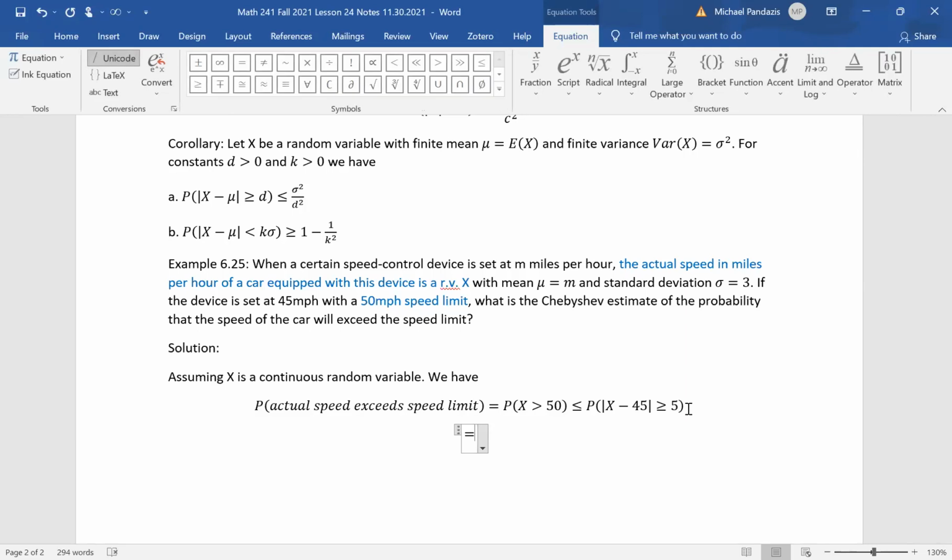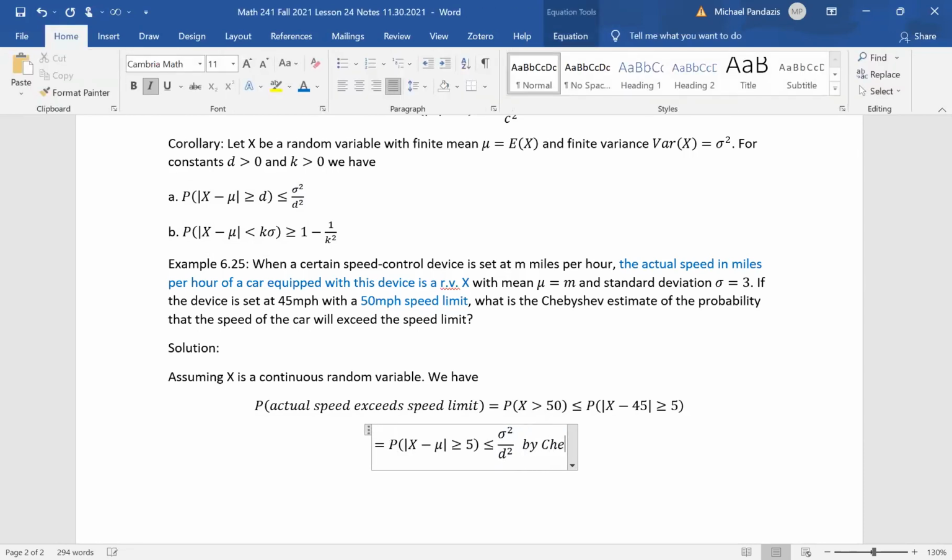And so this is equal to the probability that the absolute value of X minus mu is greater than or equal to 5, where I'm just thinking of mu as 45. Well, by Chebyshev's inequality, the probability that the absolute value of X minus mu is greater than or equal to d is less than or equal to sigma squared over d squared.